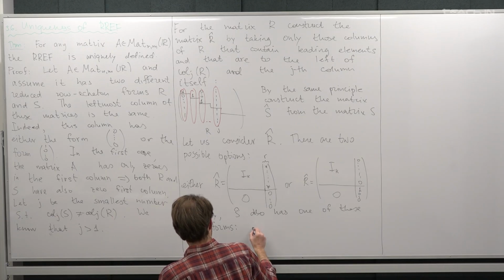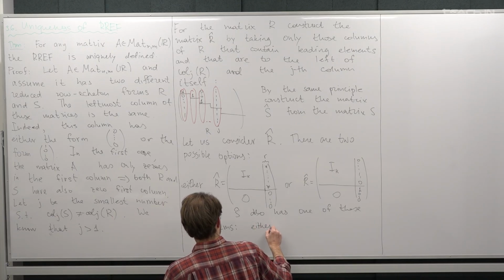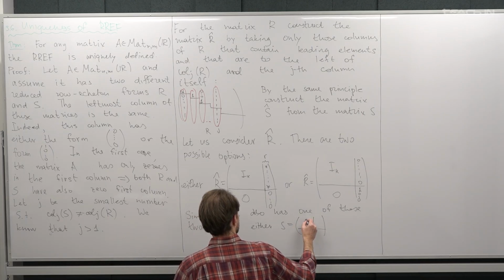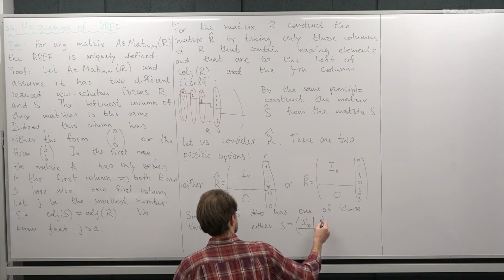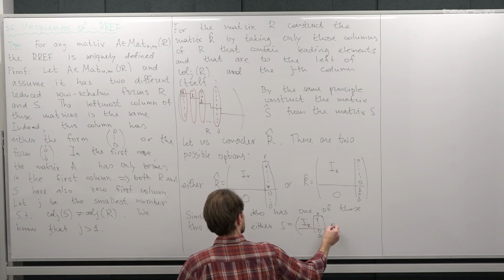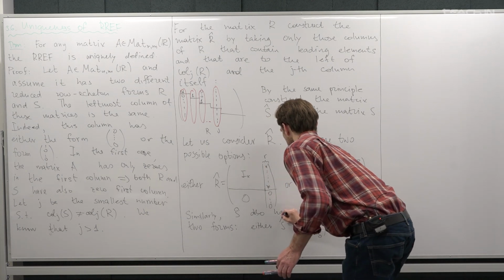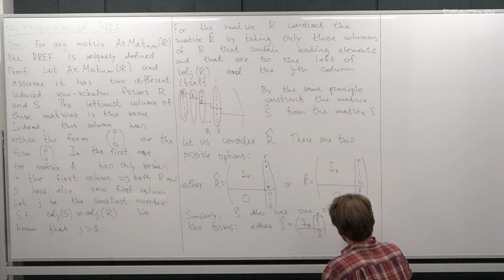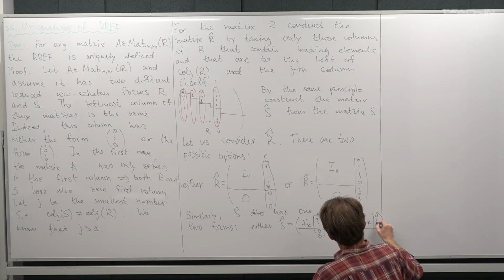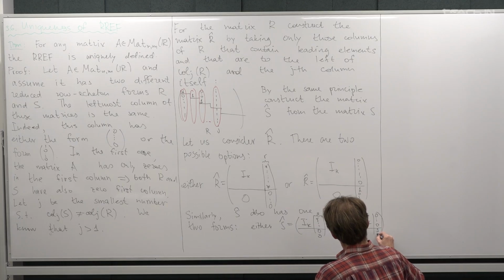So either S has the form with the identity matrix here and some non-zero column here, or sorry, S with a hat has this form with zeros here and with 1 here.